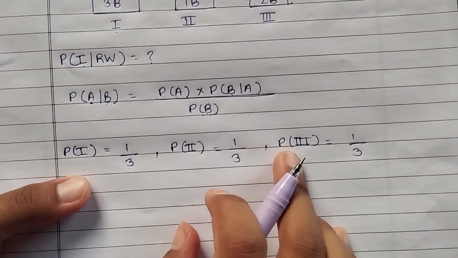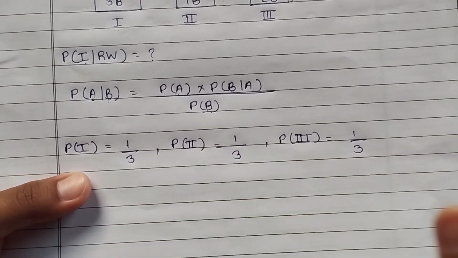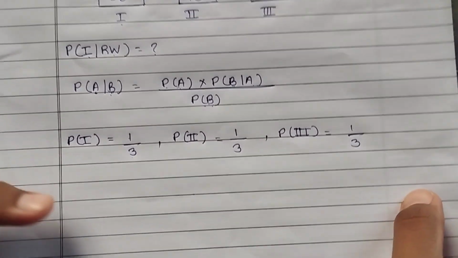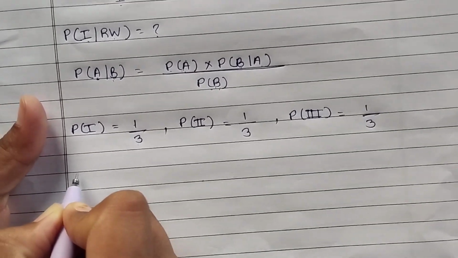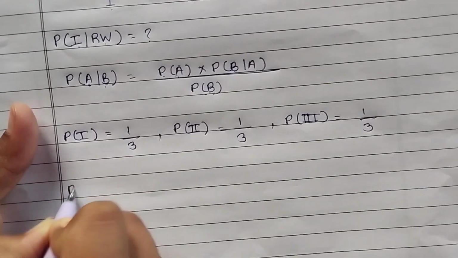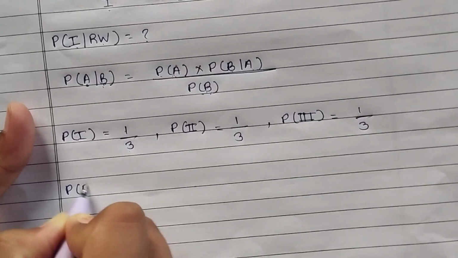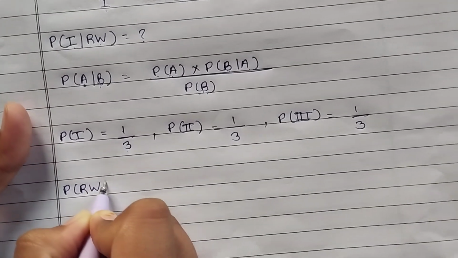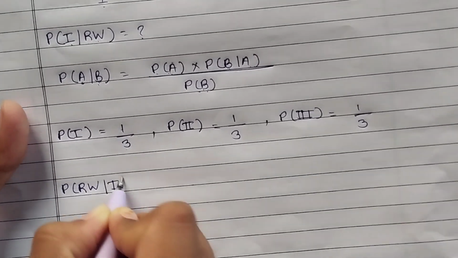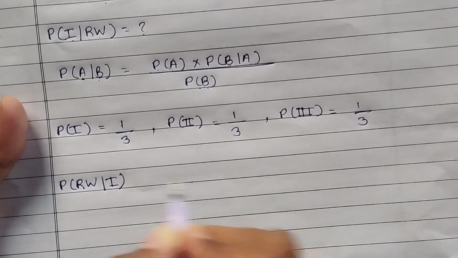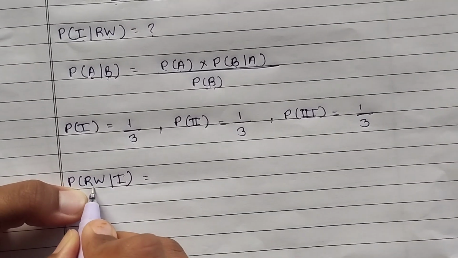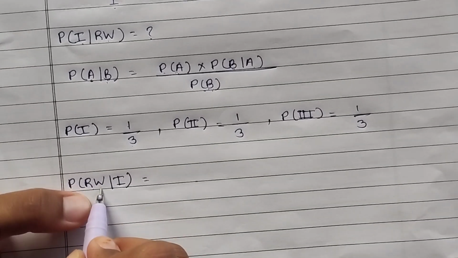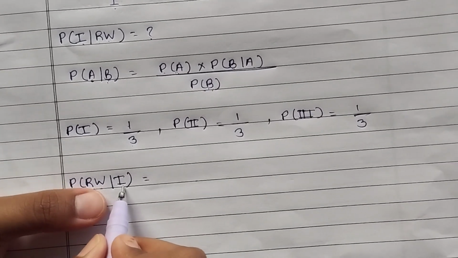Now we find out the probabilities with respect to balls. So first we find out the probability of red and white with respect to the first box. Why do we write this? We want to find out the probability of red and white balls with respect to the first box.